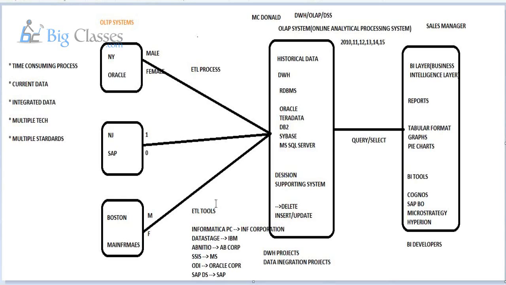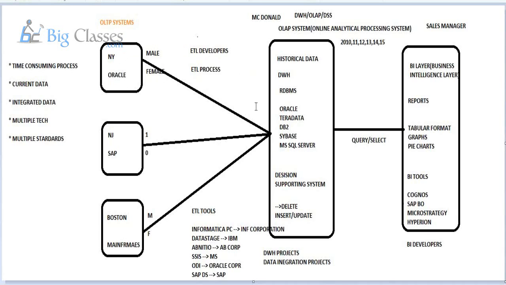Okay. So who is going to do this ETL process? The ETL developers. The ETL developers are the people who perform this ETL process, like extracting the data from multiple OLTP systems, transforming the data and loading the data into the data warehouse. Right?